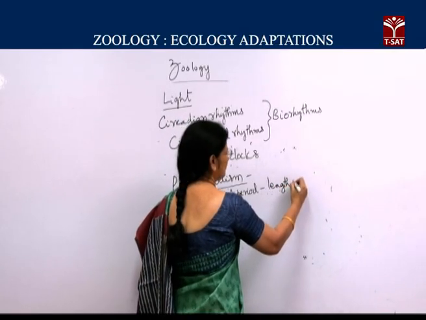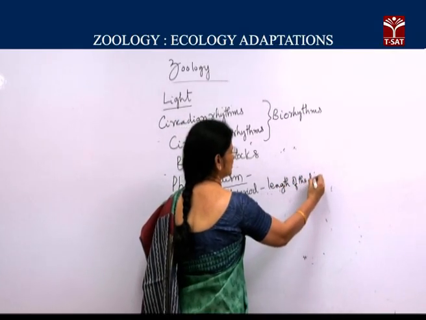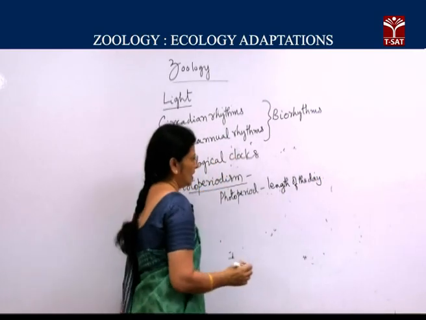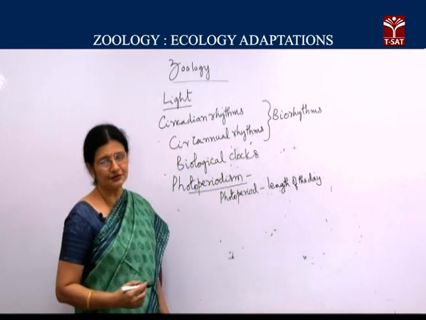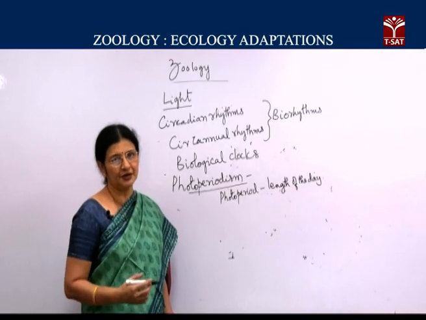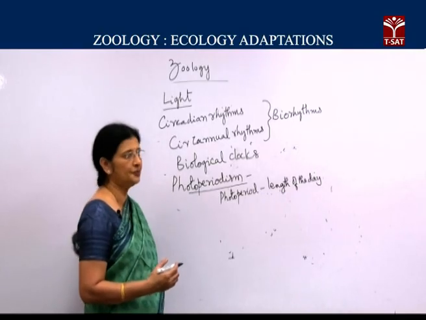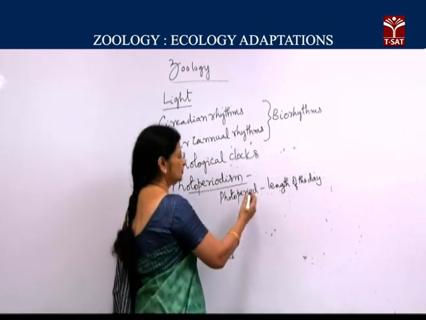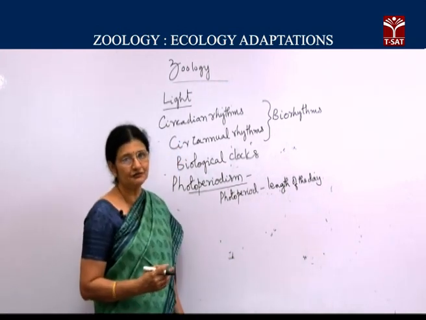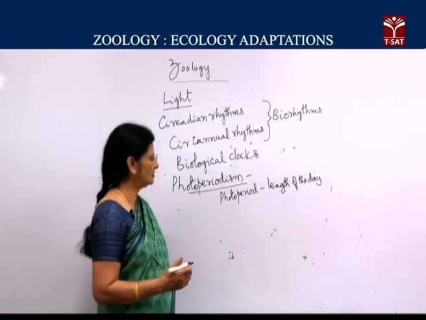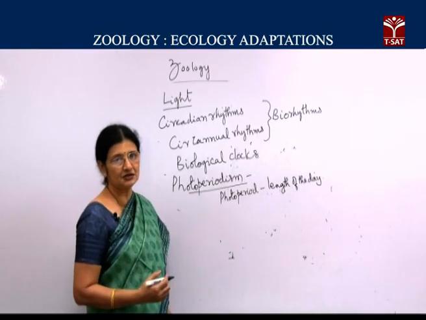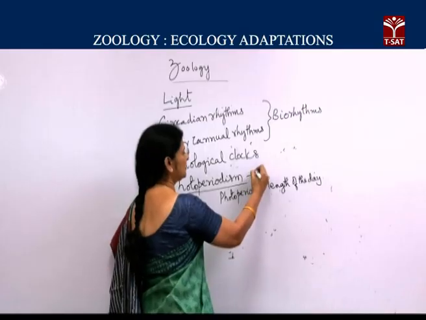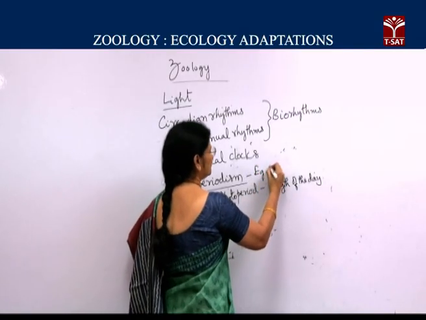It varies from one season to another season. Response of organisms to the changes in photoperiod is called photoperiodism. Example, migration of birds.